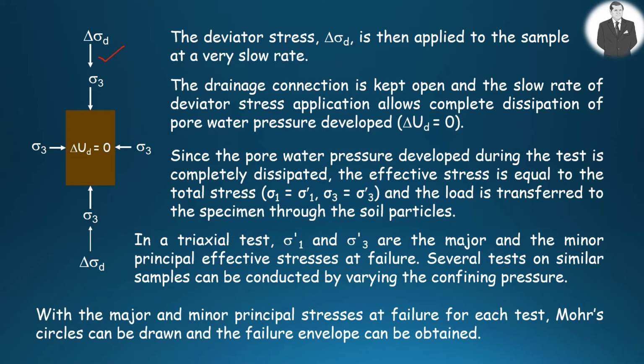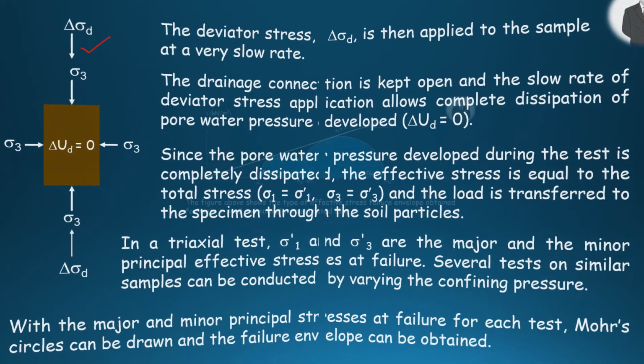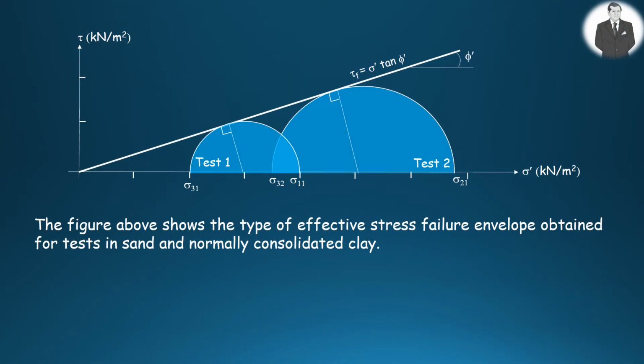With the major and minor principal stresses at failure, for each test, more circles can be plotted and the failure envelope can be obtained. This figure here indicates the type of effective stress failure envelope obtained for tests in sand and normally consolidated clay.